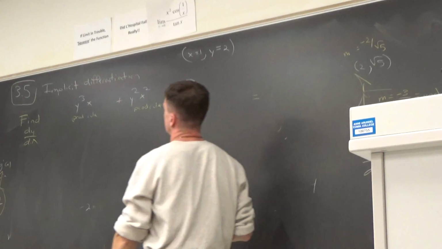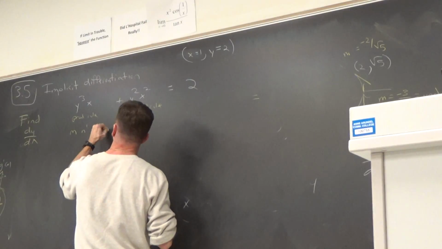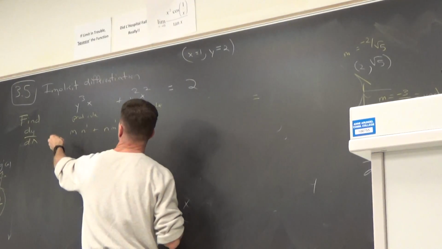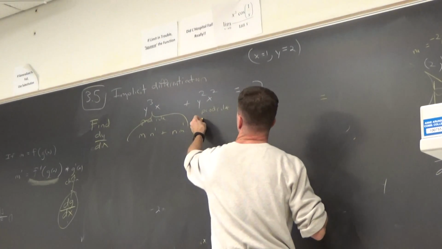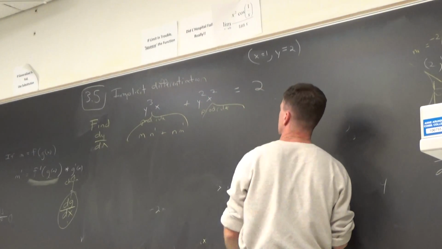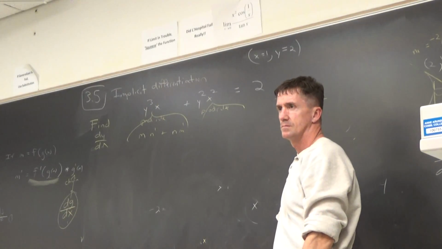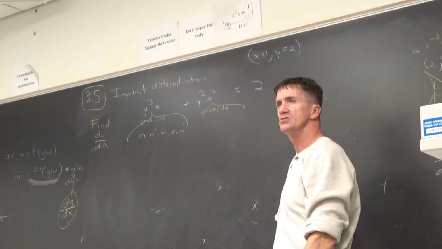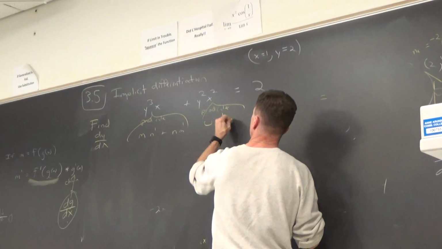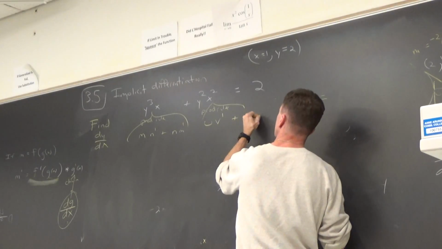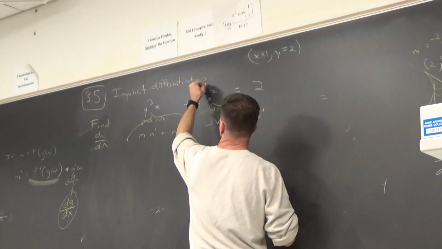So here I go. M times n prime plus n times m prime. Want me to use u and v because I already used m and n? First times derivative of the second plus the second times derivative of the first. This is u. This is v.